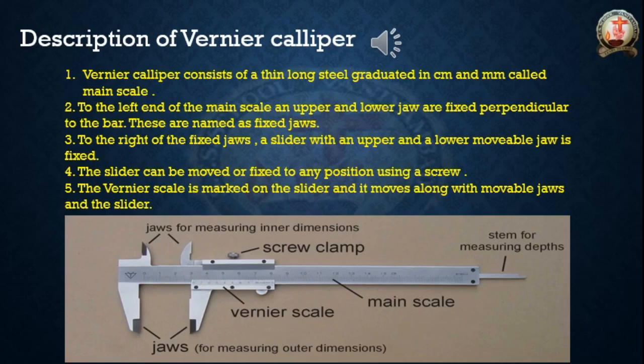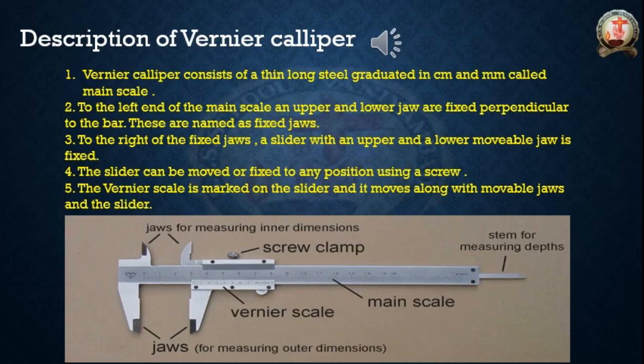Okay, so the vernier scale is marked on the slider. This is the vernier scale, marked on the slider. How many divisions? 10 lines. The vernier scale has 10 divisions, that means 10 lines. It moves along with the movable jaws and the slider.